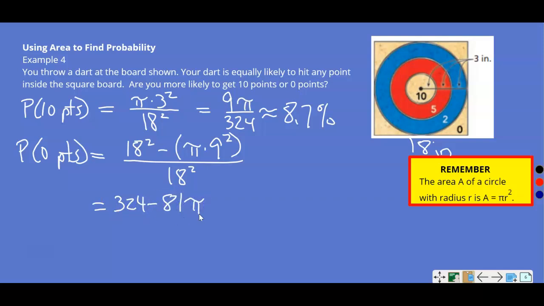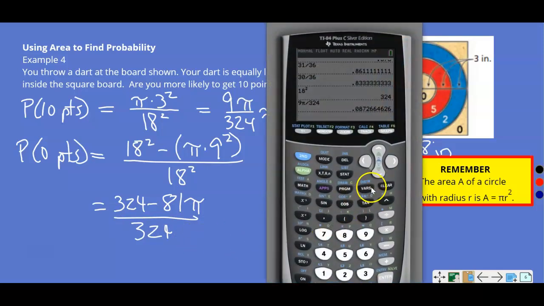So it's going to be minus 81 pi over 324. Let's see what that gives us. Let's put this in parentheses. So we've got 324 minus 81 pi, divided by 324.